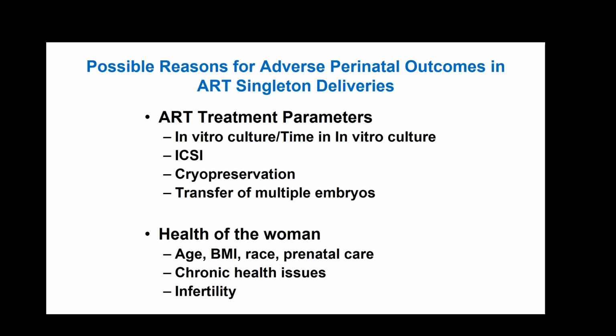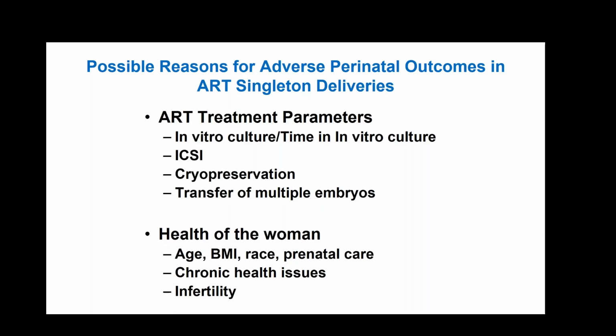Now, we know that in all populations, age, BMI, or basal metabolic index, prenatal care, and other factors such as diet and socioeconomic status contribute to outcome issues. While many of these factors are adjusted for in studies of ART outcome, it's important to recognize that with regard to age, women undergoing ART tend to be older, and that age plays a part in outcome.